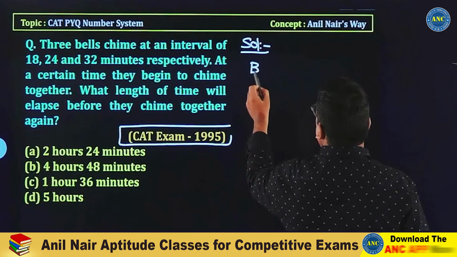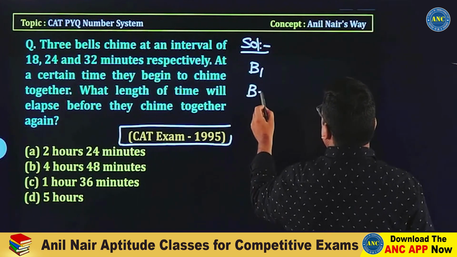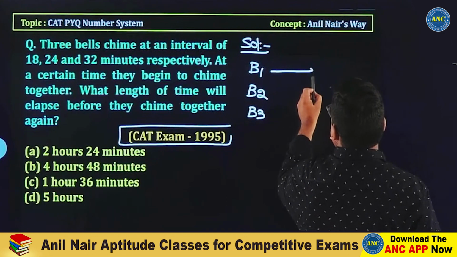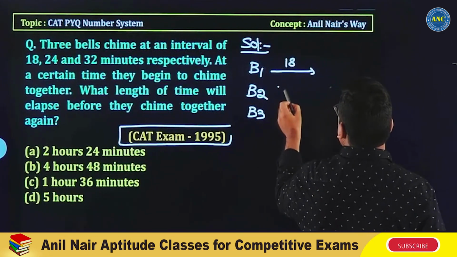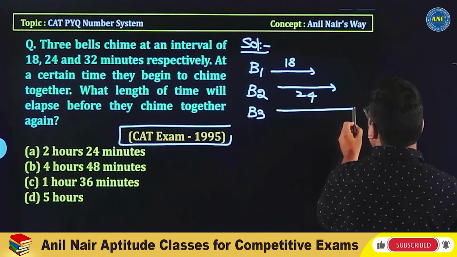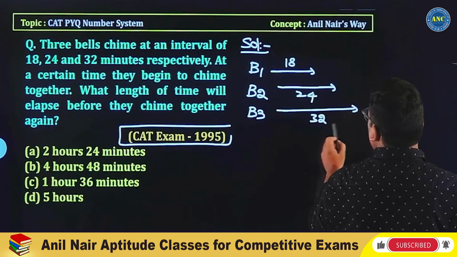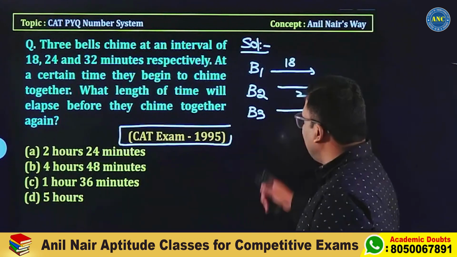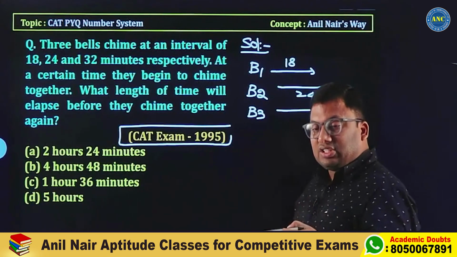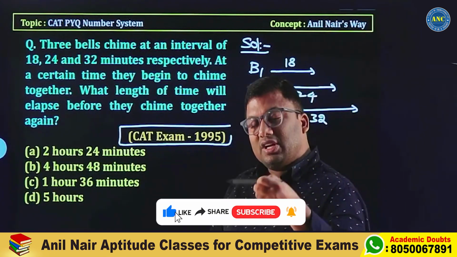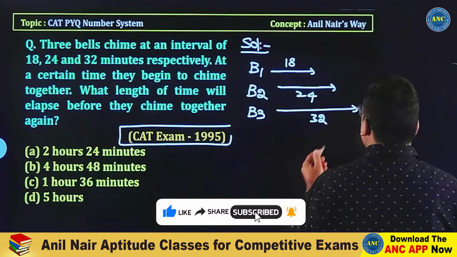There is bell 1, bell 2 and bell 3. The first bell will chime after 18 minutes, the second bell after 24 minutes, the third bell after 32 minutes. At a certain time, the first bell will chime at 18 minutes, then 36 minutes, then 54 minutes, then 72 minutes.